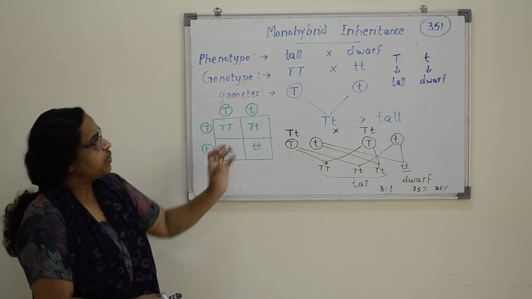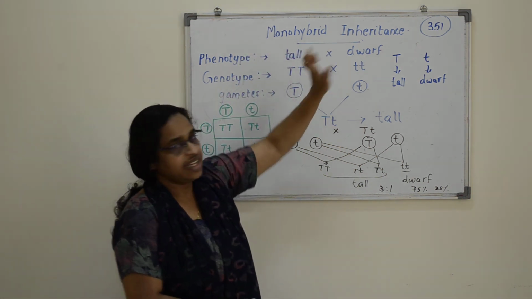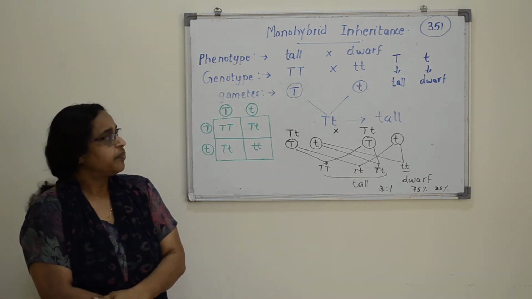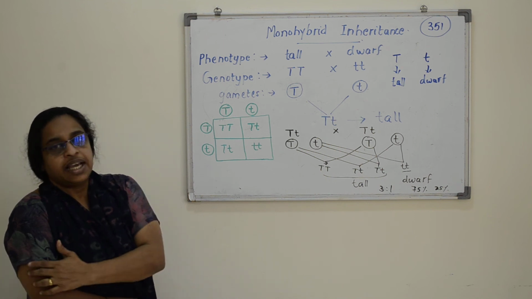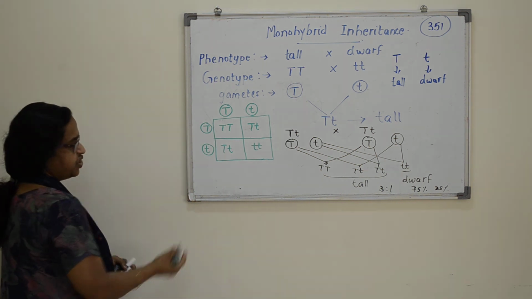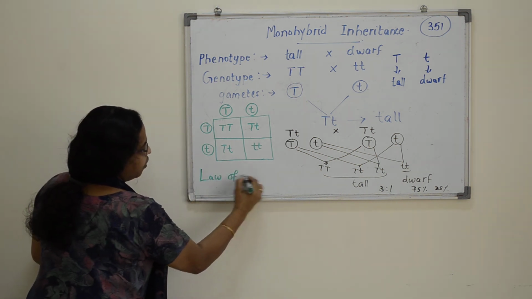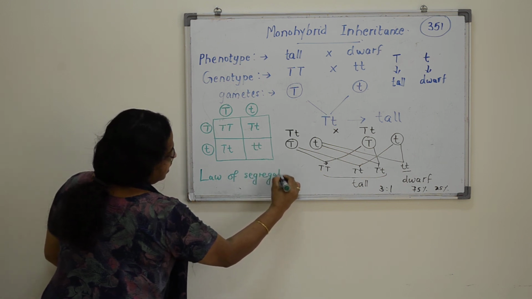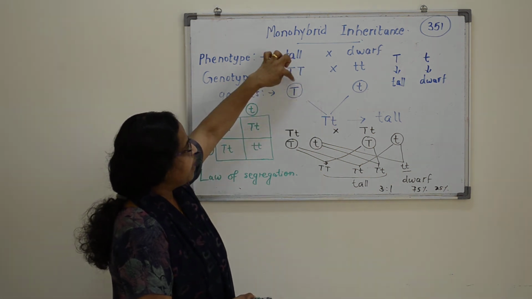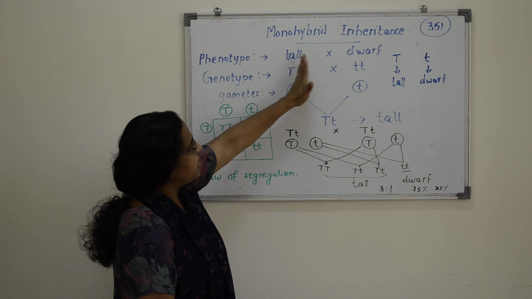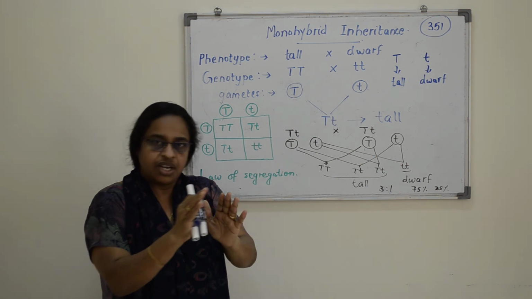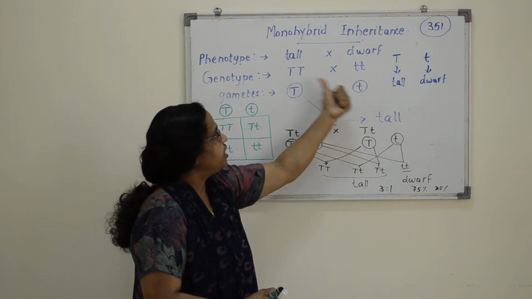So is it clear? Here we call it monohybrid inheritance because we are selecting only one character. Okay, and the law for this one is known as the law of segregation. The law of segregation states that at the time of gamete formation, each allele is separated, or segregated, and goes to different cells.